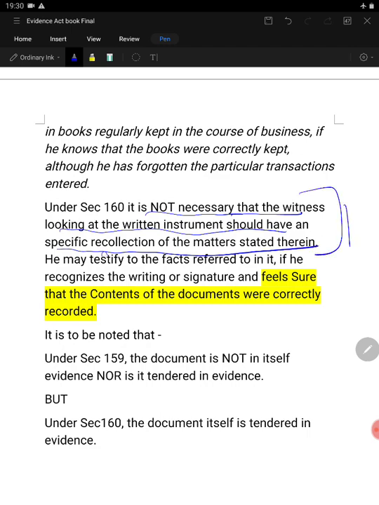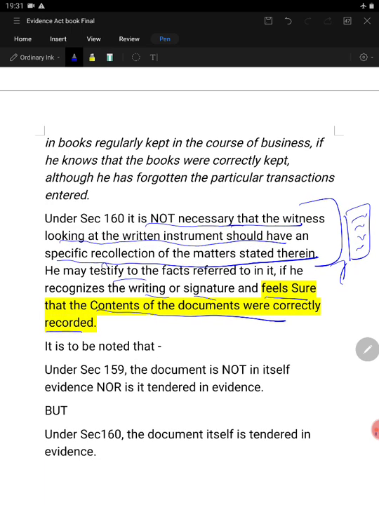He may not remember all the points which are mentioned in that document, but he may testify to the facts referred to in it if he recognizes the writing or signature and feels sure that the contents of the document were correctly recorded. So the witness may say that whatever is recorded in this statement was recorded correctly and is correct, though he may not himself remember all the facts written in the document.